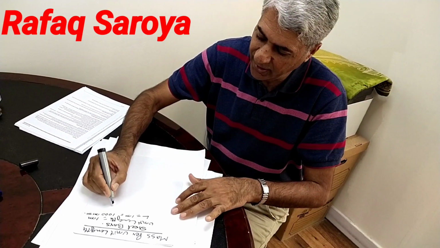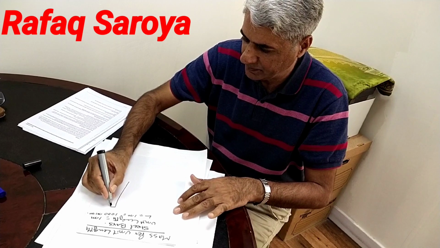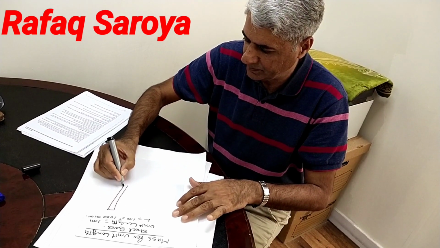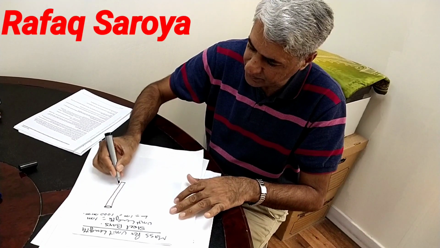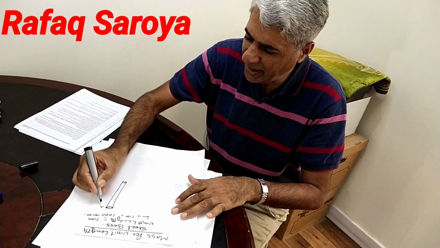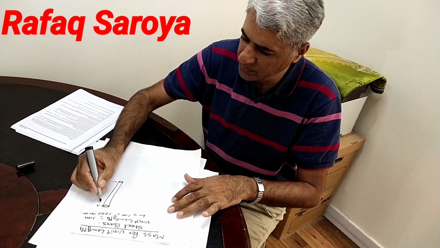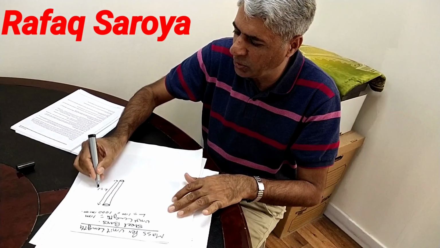Let us suppose that I have this one bar and the length of this bar is equal to L, and L, as I already told you, is 1 meter.